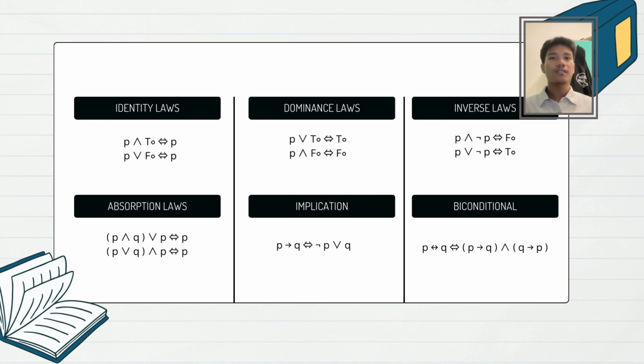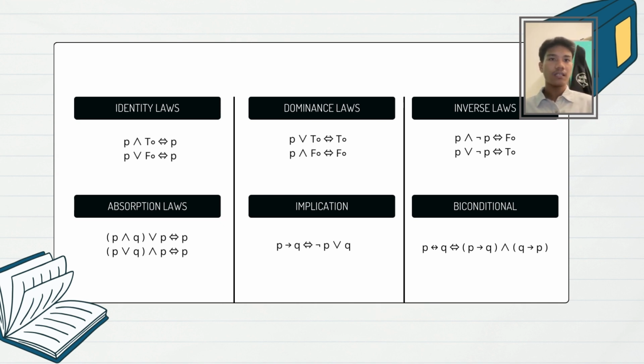The next one is absorption law. In the bracket P and Q, or P, the answer will be P. And then in the bracket P or Q, and P, the answer will be P. Next, we go to the implication.